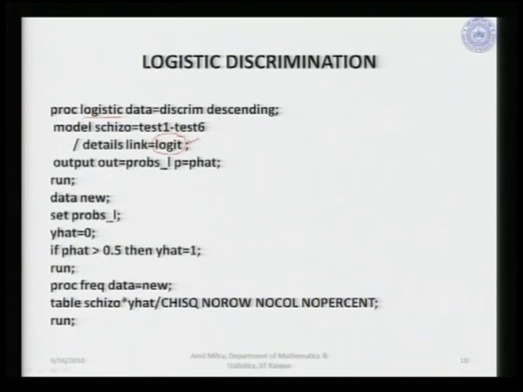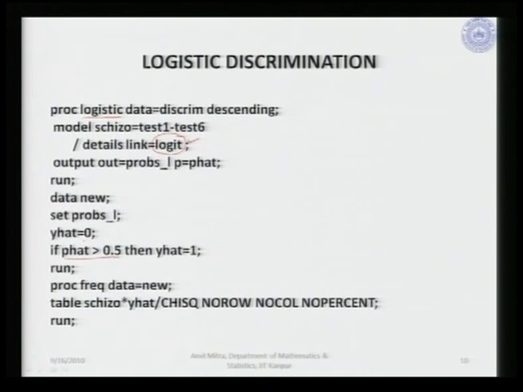We take a cutoff probability for classification as 0.5. So, if the predicted probability is greater than 0.5, we take y hat, the predicted class membership, to be equal to 1, and otherwise we take the predicted class membership to be equal to 0. This is associated with the schizophrenic class and this is associated with the normal class.